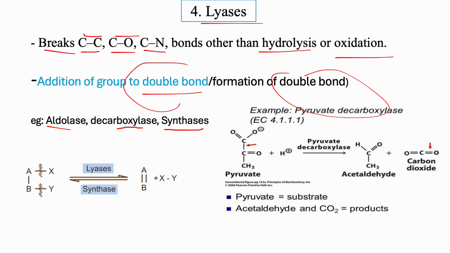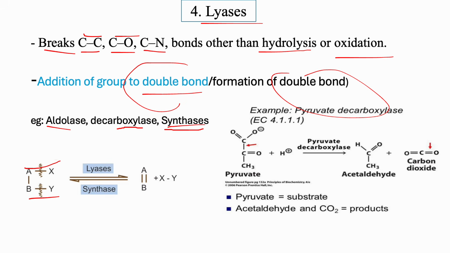And in another group, synthetase is in group 6. Synthase means they can form bonds without using ATP, while in group 6, synthetases need ATP; that is the ligase group. Here is an example, AB.